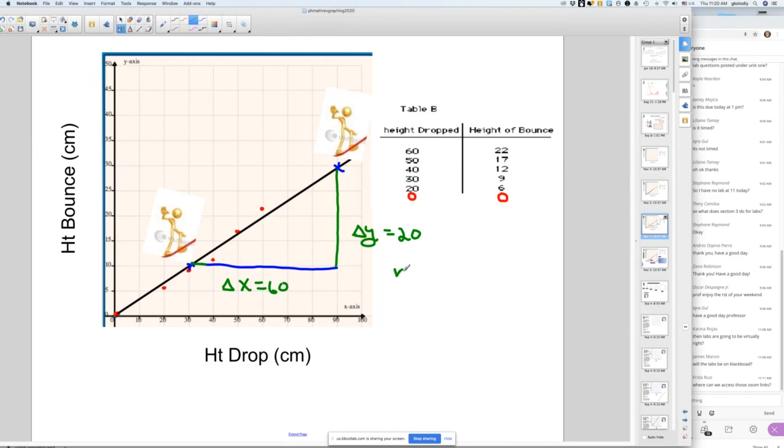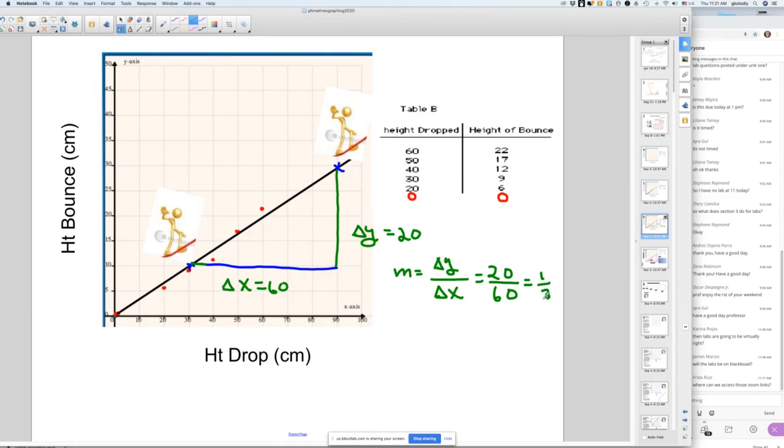So the slope, which you sometimes call m, is equal to delta y divided by delta x. And the delta y is 20 divided by 60, which equals 1/3.